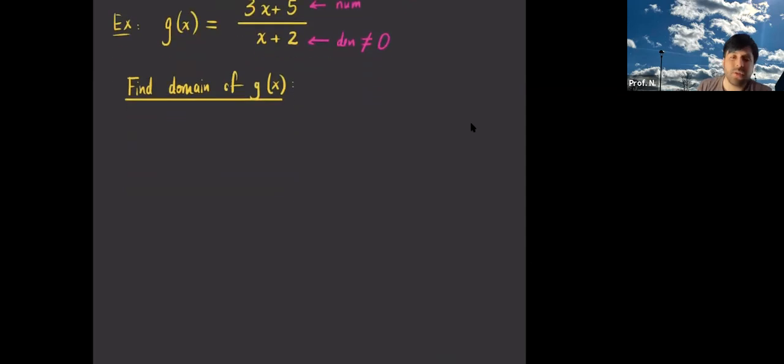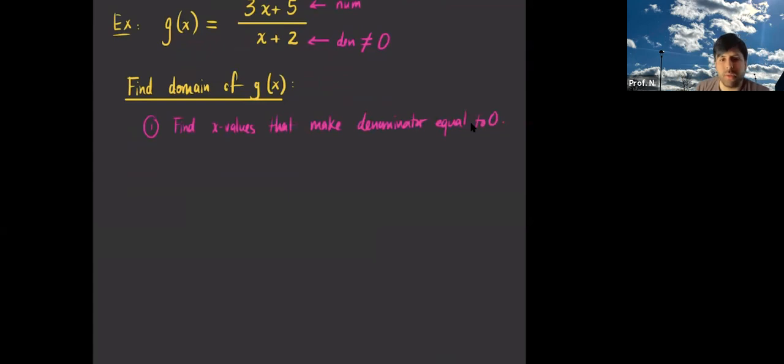So to find the domain of g of x, I need to find the x values that make the denominator equal to 0.